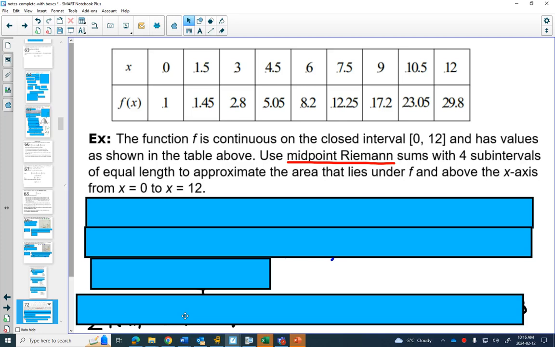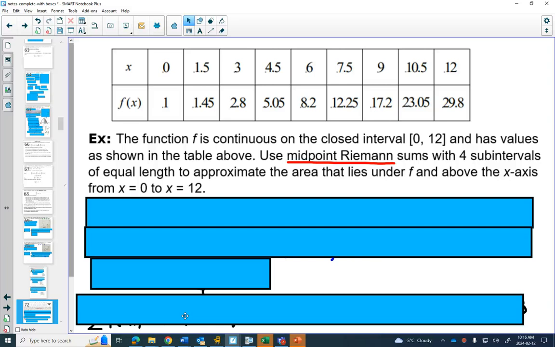First of all, let's do the easy math. If they're equal length, how wide is each subinterval? Four subintervals from 0 to 12. They're each 3 wide, right?